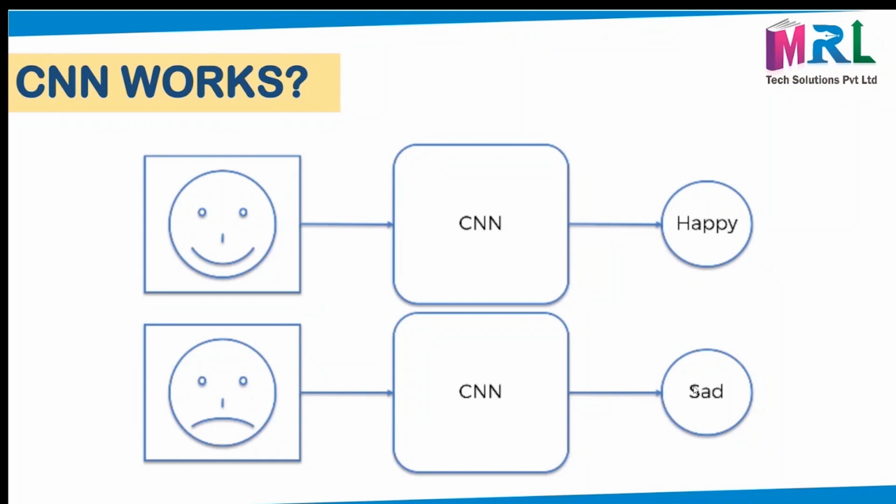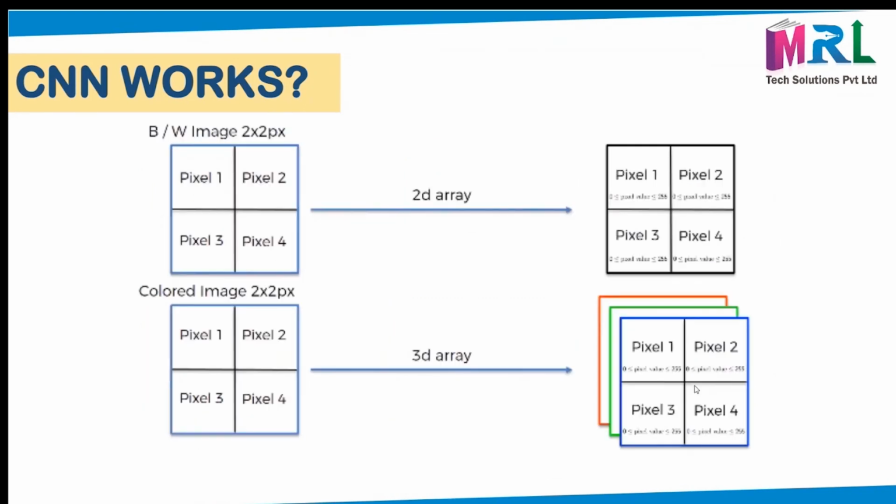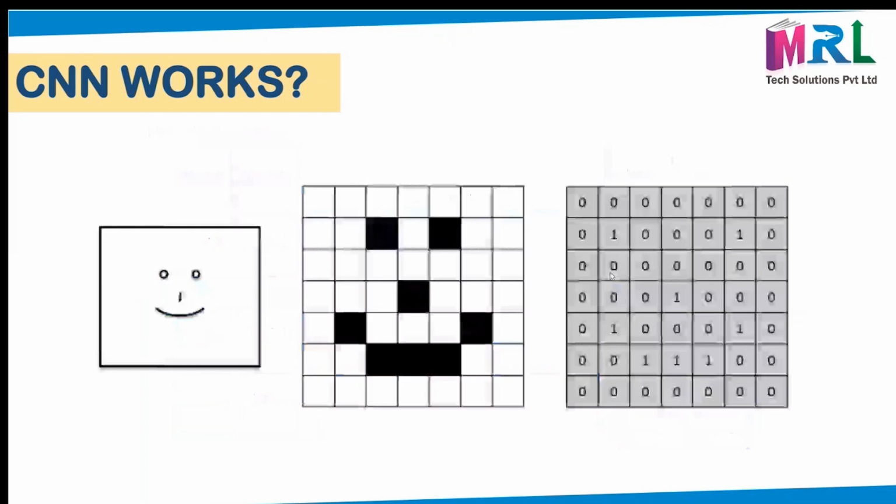My aim is not to talk completely about CNN. We need to know what CNN is, and then we will apply that to our image. If you take an image, it is a 2D image. If it is a color image, you have RGB planes. If it is a gray image, you have only one plane, the two-dimensional array and three-dimensional array that we know.